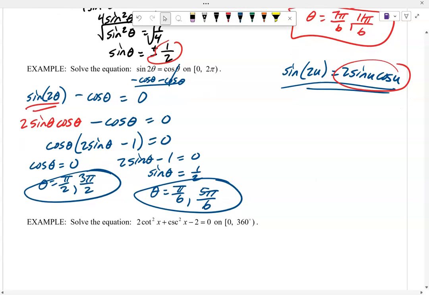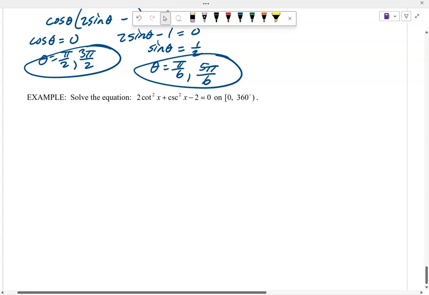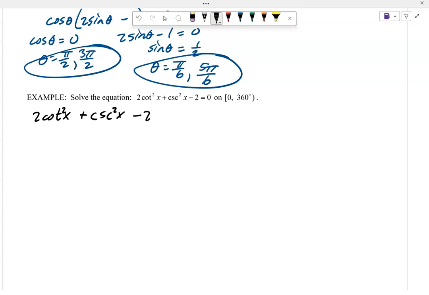And our last one here, we got 2 cotangent squared plus cosecant squared x minus 2 equals 0. So notice I either want to get everything in terms of cotangents or cosecants. And if you remember the Pythagorean identity, sine squared plus cosine squared equals 1. Do you remember the cotangent squared?